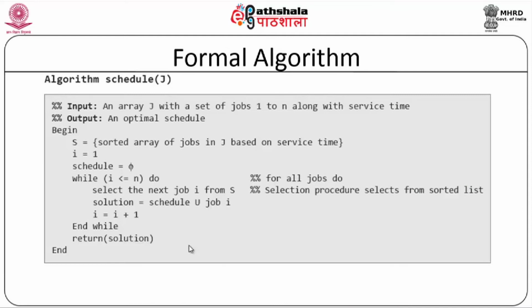In the formal algorithm, all we are trying to do is ensure the implementation of the informal algorithm. First sorting is carried out, then the schedule is null initially. I consider all the jobs, select the next job from the sorted list, and schedule that. Keep on doing that for all the jobs. This is the formal algorithm without deadline.